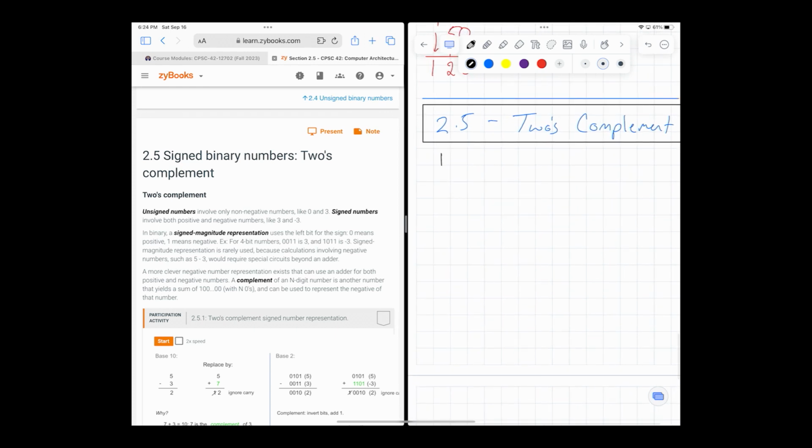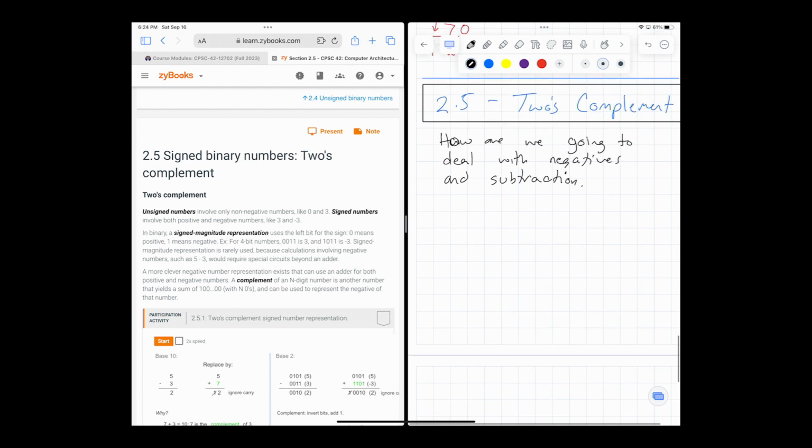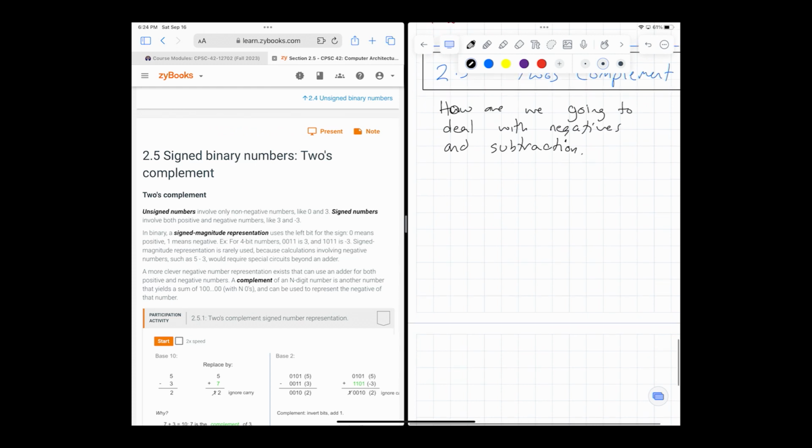How are we going to deal with negative numbers and subtraction? And I guess the answer to that is that we're going to solve subtraction by adding negative numbers, and then we have to worry about negative numbers.